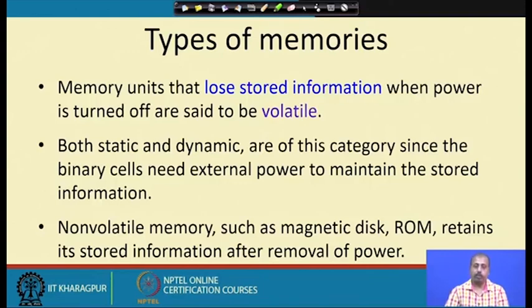There are non-volatile memories like magnetic disk and ROM that retain their stored information even after removal of power. In a ROM, the information is stored permanently. You can switch off the ROM, but later on the content will still be there, but for RAM it will get destroyed.